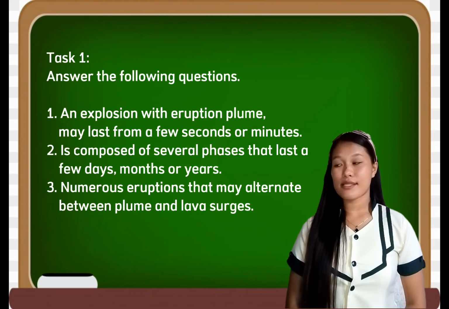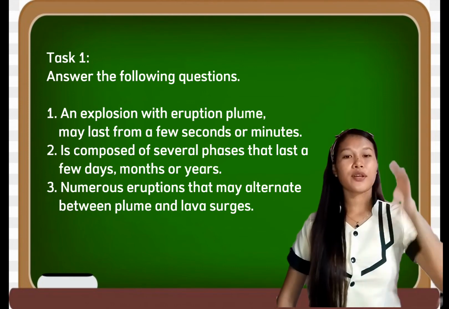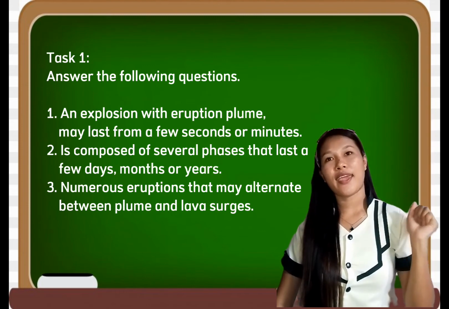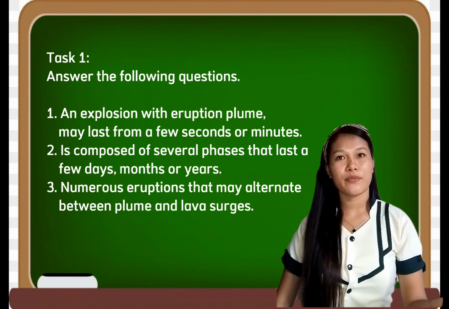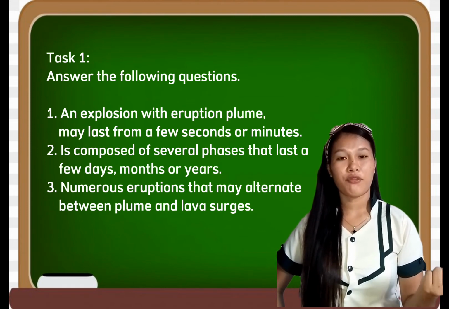Now, if you have listened to my discussion, then you will be able to answer the following question. I will give 5 points to those students who can answer. Number 1, it is an explosion with eruptive plume. Okay, you can raise your hands if you're going to answer. Okay, Anna, what's the answer? Very good. It is eruptive pulse.